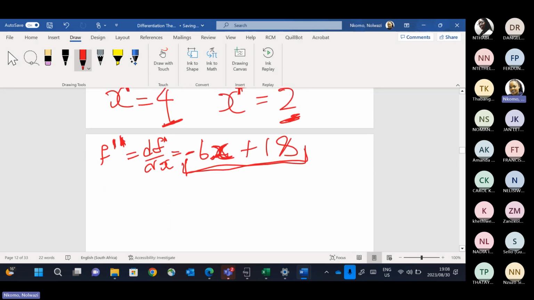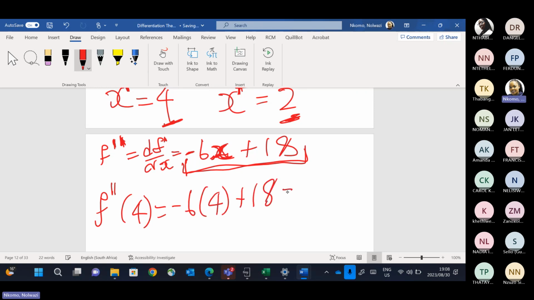Okay, let's substitute. We have f double prime of 4. If you substitute 4 here, we have minus 6 times 4 plus 18, which will give us minus 6. And minus 6 is less than 0.